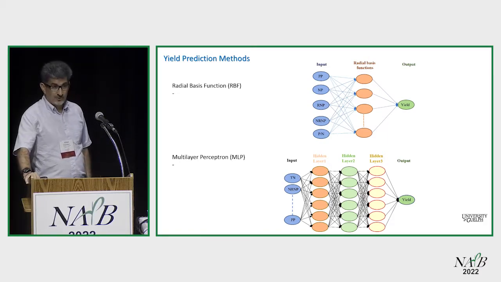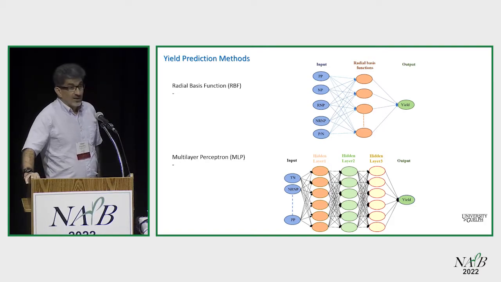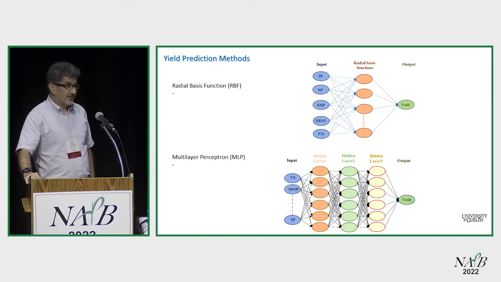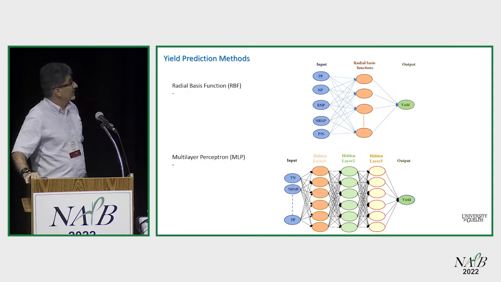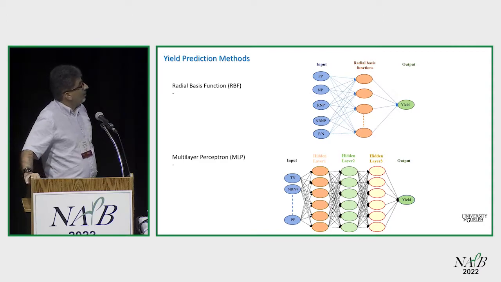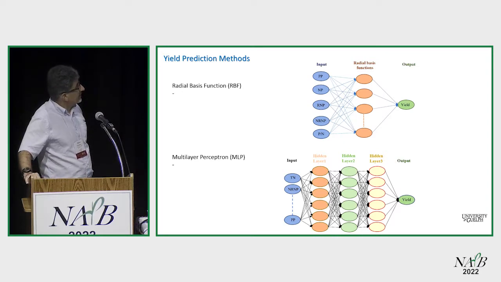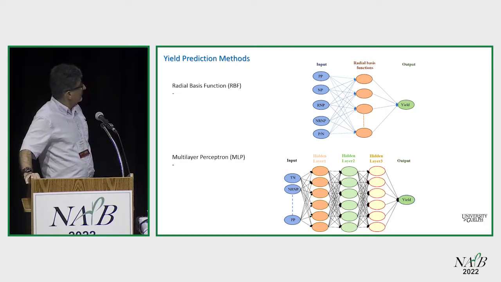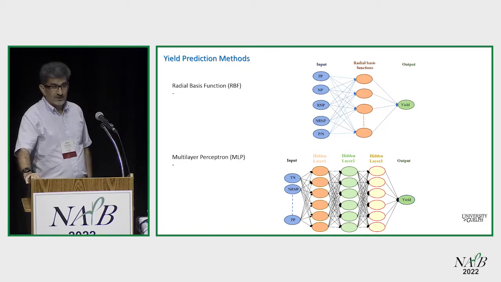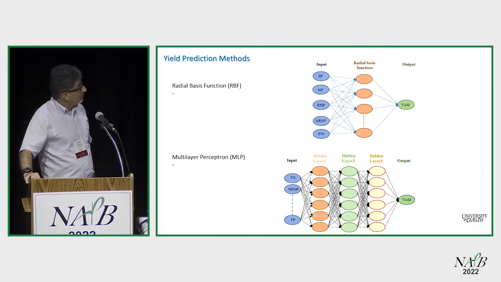Those methods are used to identify the linear and nonlinear relationships between input variables and output variables. RBF is the simplest and easier to train because of its simple, fixed 3 layers: input, hidden, and output. But multi-layer perceptron is a bit more complicated because it has 2 or more hidden layers.